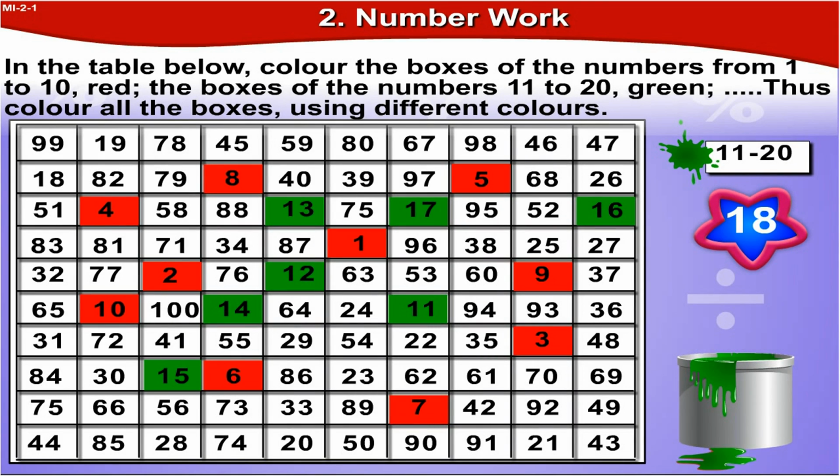Let us find out number 18. Here it is. We'll color the box green. Here comes number 19. Let us color the box green. Now let us color the box containing number 20 in green color. Here is the box. Color it then.